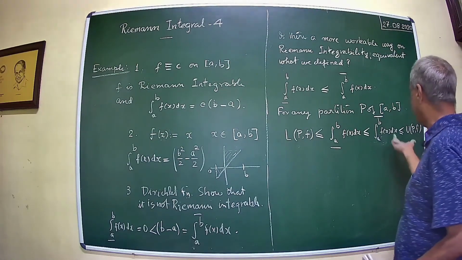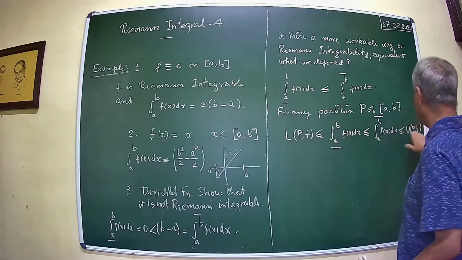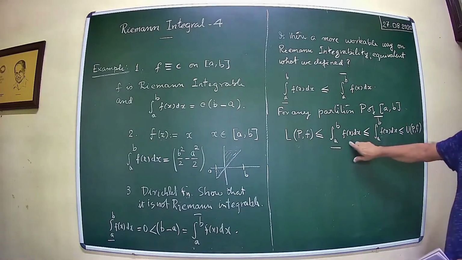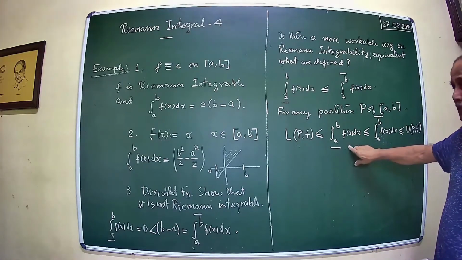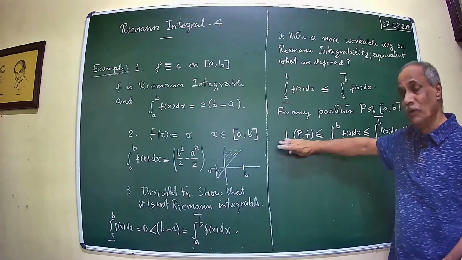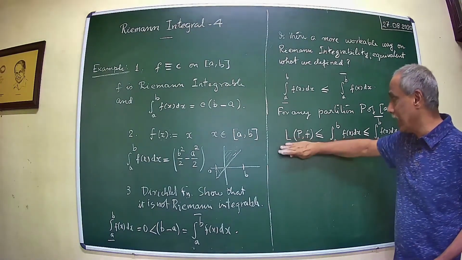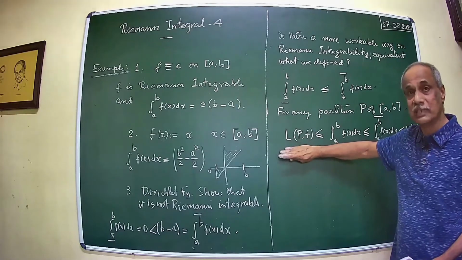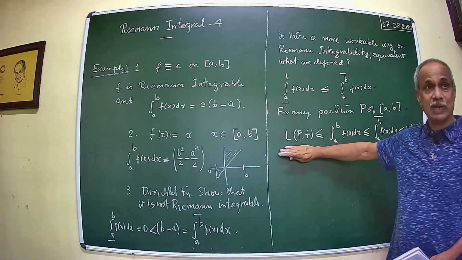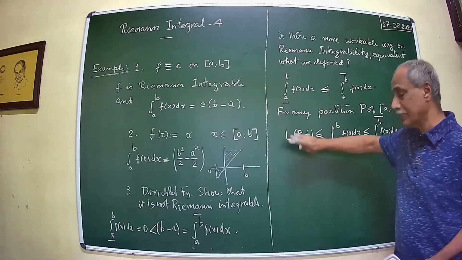Therefore, if you can somehow work on L(P, f) and U(P, f), then you don't have to go about evaluating the upper integral and lower integral. This is much easier to work on. Why is it easier? Because what is involved is working on step functions and computing the area, which does not involve any integration or any such thing.